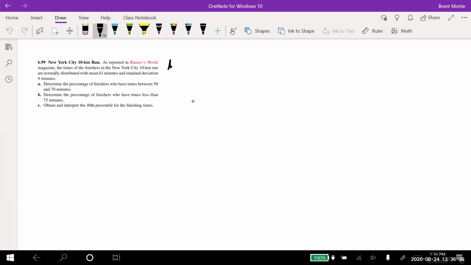So right away, we know mu equals 61, and sigma, the standard deviation of the population, is 9. Those are both in minutes. We also know it's a normally distributed curve, so we know it's a nice bell-shaped curve. Okay, so part A, determine the percentage of finishers who have times between 50 and 70 minutes. Well, we did this in the last video, but let's do it again real quickly so that we can see what's going on.